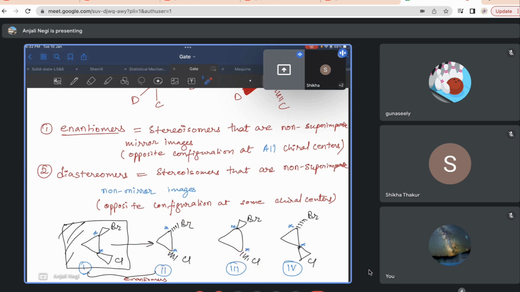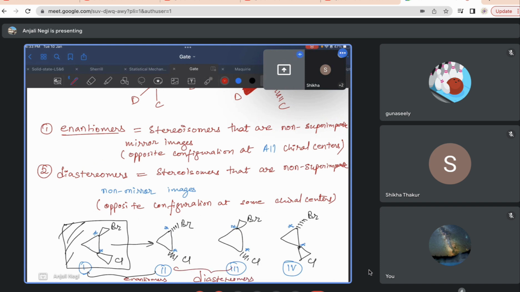So they are not mirror images. And since they are not mirror images, let's try to superimpose them. While trying, these two can overlap, but these two cannot. So they are definitely non-mirror images and they are non-superimposable. That is why they are diastereomers.